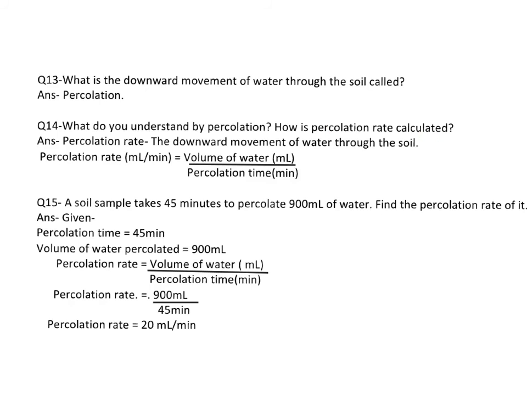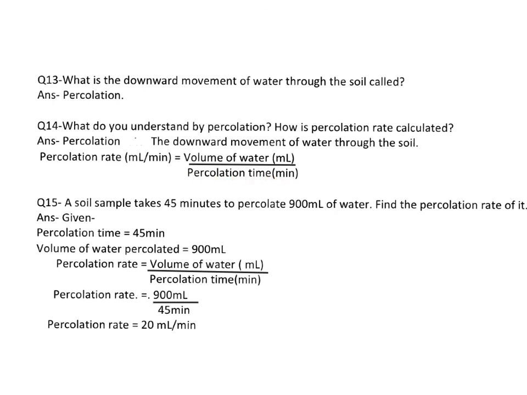The answer to this question is, the downward movement of water through the soil is percolation. And how do we calculate it? Percolation rate in milliliter per minute is equal to volume of water in milliliters divided by percolation time in minutes.